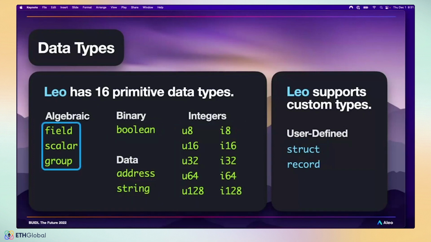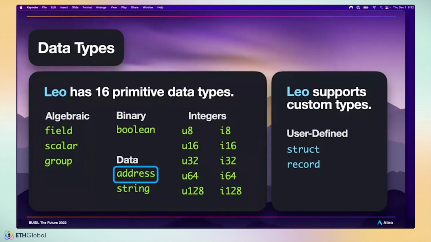You also have algebraic data types called fields, scalars, or groups, and these relate to some of the cryptographic primitives that Leo offers to users. Fields also relate to the SNARK construction underneath, and they're the fundamental representation of data in a SNARK.